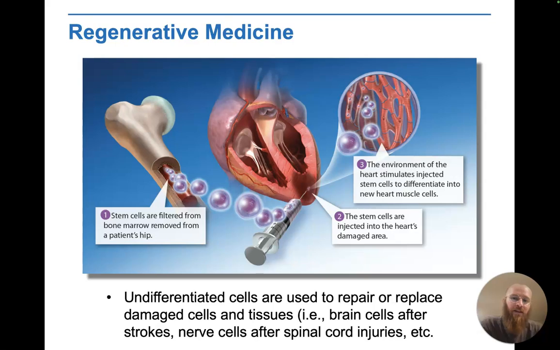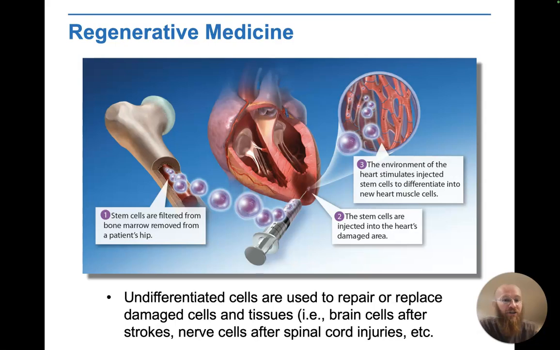And so with stem cells, I did want to give you one example of how we're actually applying stem cells, how we're actually utilizing these in regenerative medicine. So if you look at this diagram here, again, a common place for even adult stem cells is in our bone marrow. And this will show a process for how stem cells can actually be filtered out of that bone marrow, and they'll ultimately be removed from like a hip bone.